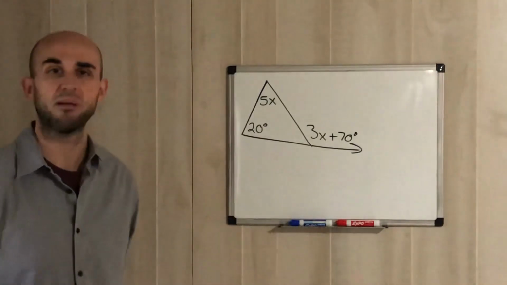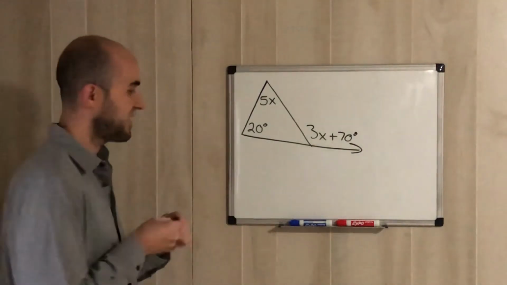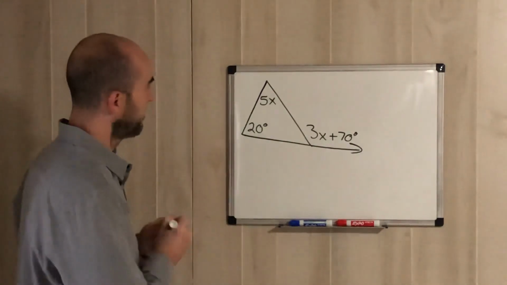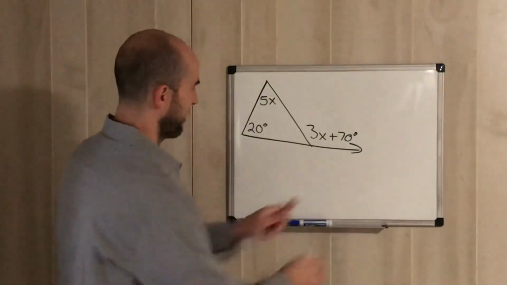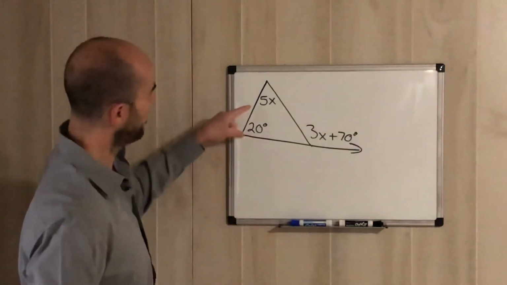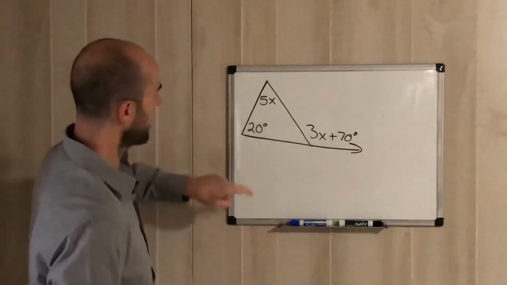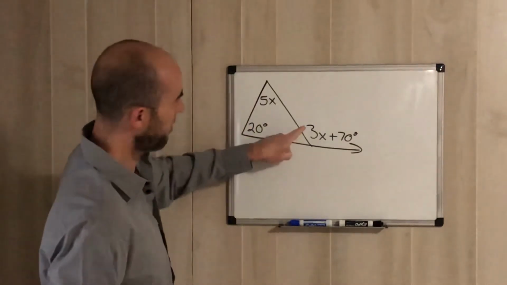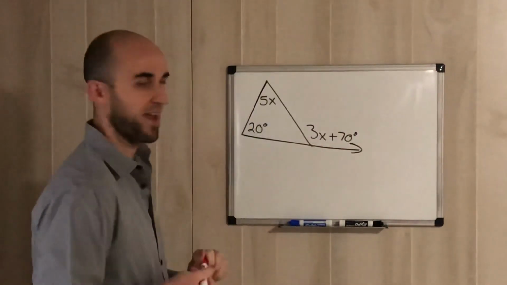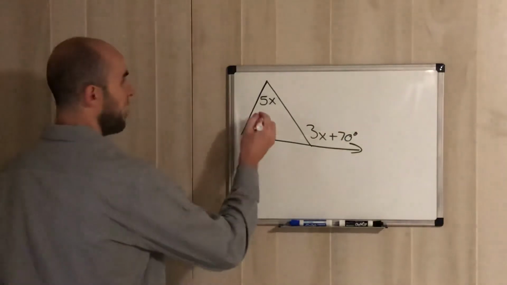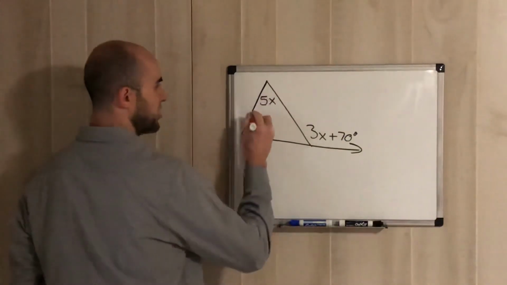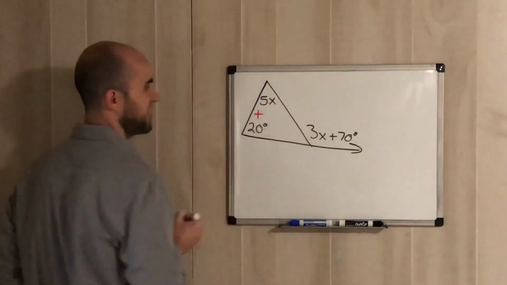Again, it looks a lot more complicated, but it's still the same exact concept, guys, because over here, and I'll do it in a different color. If we're looking at this, we know that that's 5x. We know that's 20. We know that the exterior angle is 3x plus 70, right? We know that when it comes to this, the two remote interior, we have to add them.